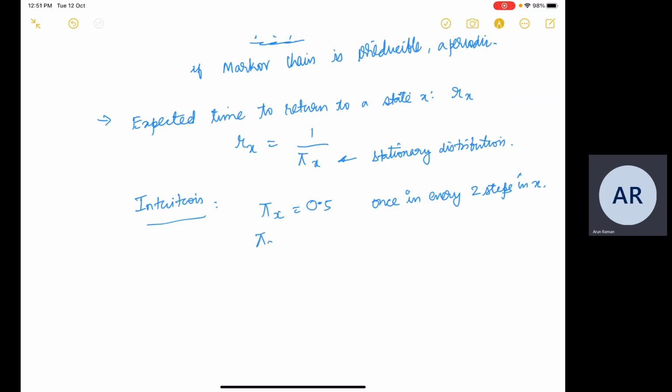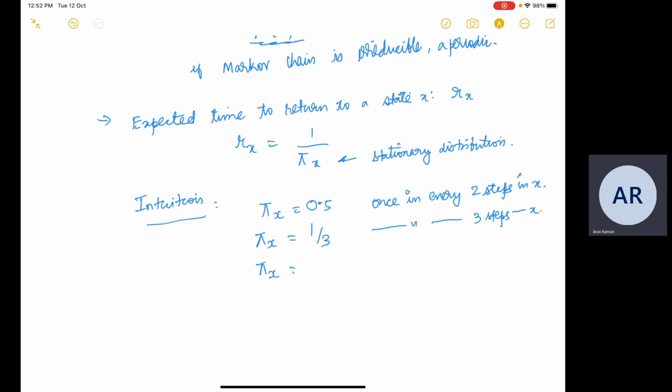Similarly, if we have pi of X equal to, let's say, 1 by 3, it means that once in 3 steps we have to be in X. So 1/3 of the time we are in X, and on an average, every 3 steps we have to reach it.